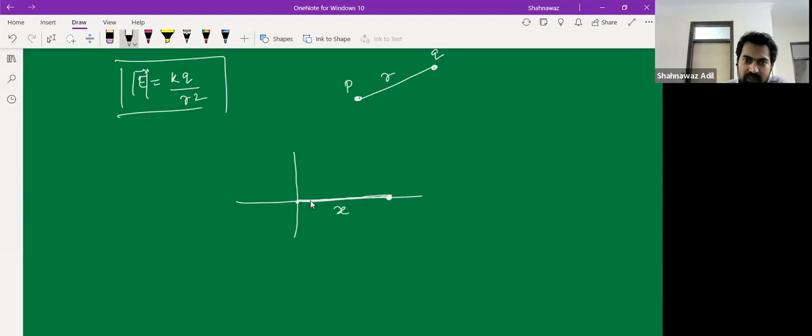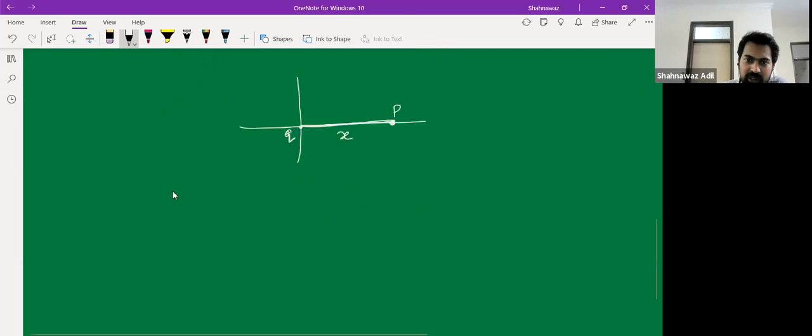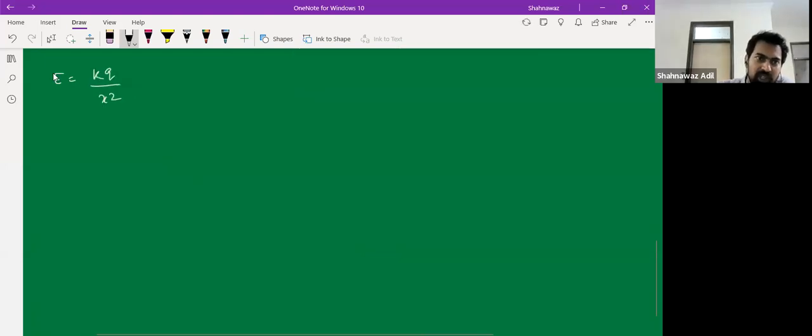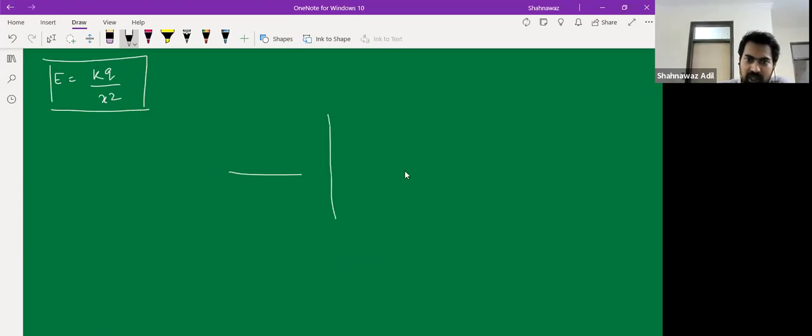So the magnitude of this electric field would be simply KQ by x square. Let's say this is some positive charge. If you want to plot the variation of this electric field, it would be like this. This you already learned in your CBSE test, right?